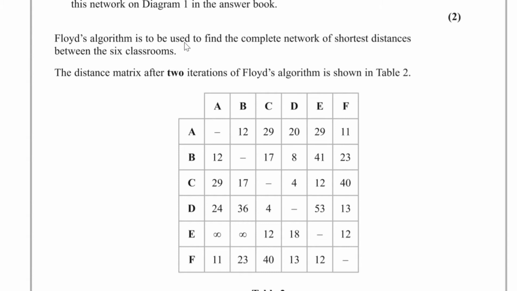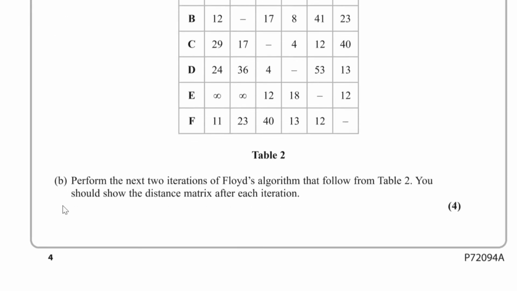Floyd's algorithm is to be used to find the complete network of shortest distances between the 6 classrooms. The distance matrix after 2 iterations of Floyd's algorithm is shown in Table 2. We have to perform the next 2 iterations of Floyd's algorithm that follow from Table 2, which should show the distance matrix after each iteration.